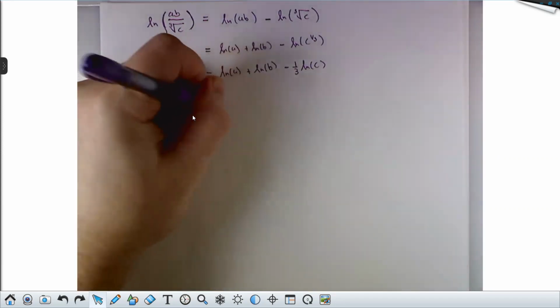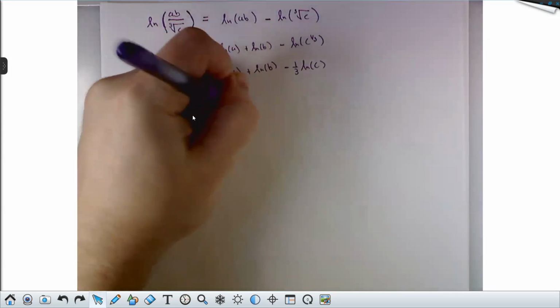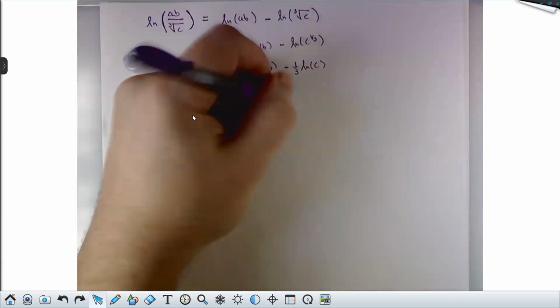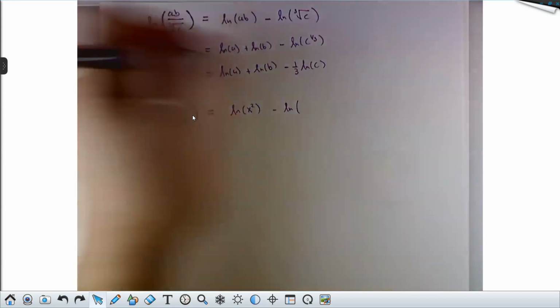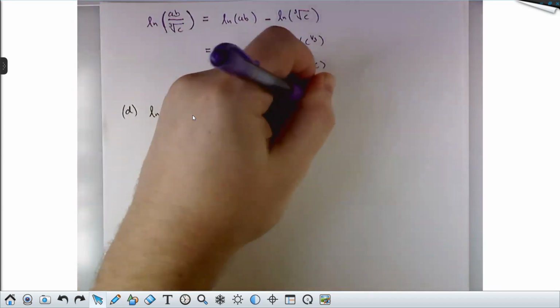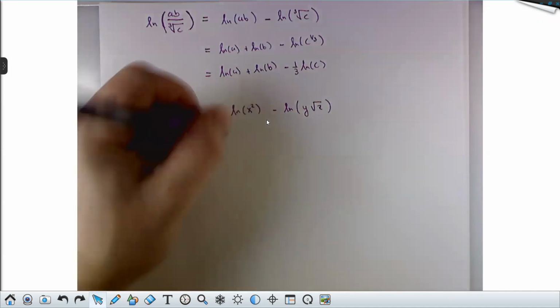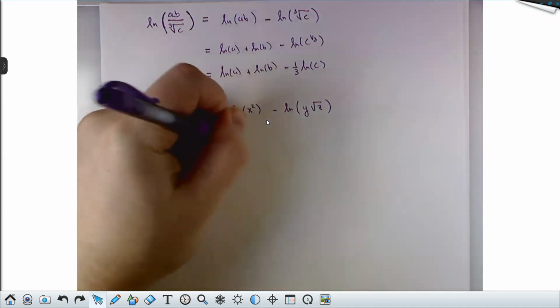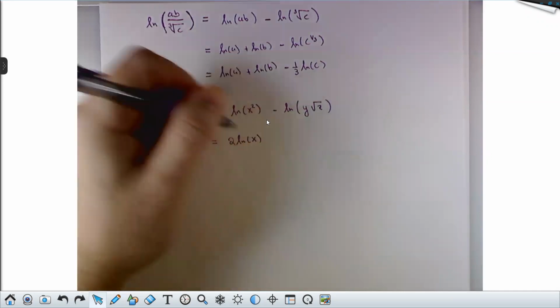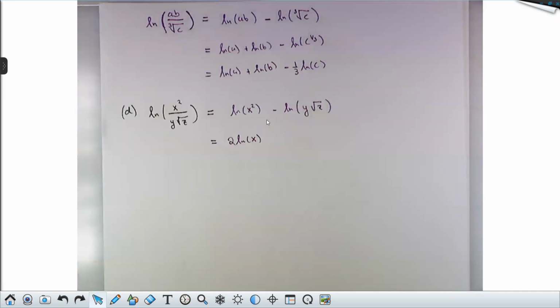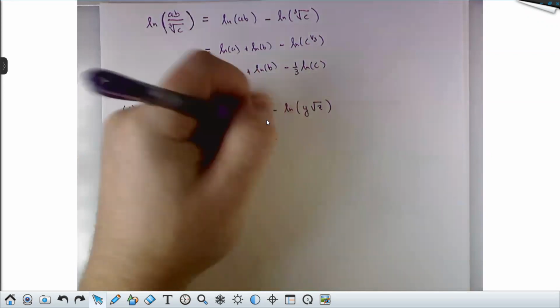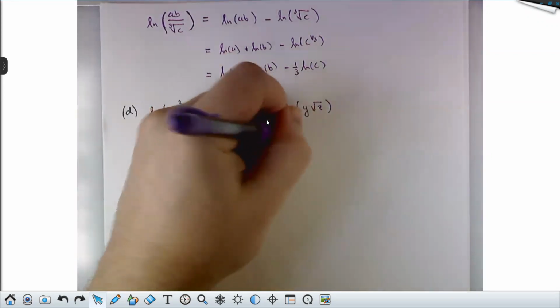So I'll begin by writing this as the ln of the top minus the ln of the bottom. Looking at that first term, the ln of x squared is the same by our third rule as 2 times the ln of x. And then I have minus, I'll just leave this alone for now.